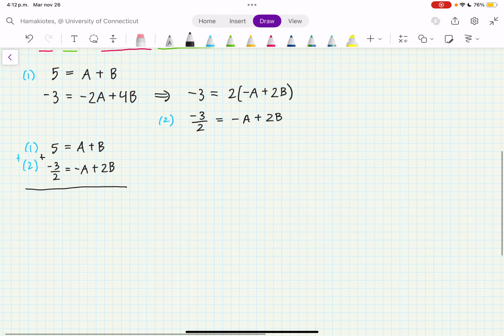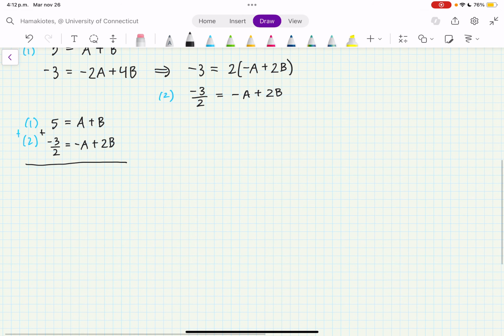Well, I can rewrite 5 as 10 over 2. So 10 over 2 minus 3 over 2 is 7 over 2. And on the right-hand side, I have A plus minus A, so that's 0. And then B plus 2B, that's 3B. Now I want to isolate B, so I'm going to divide both sides by 3.